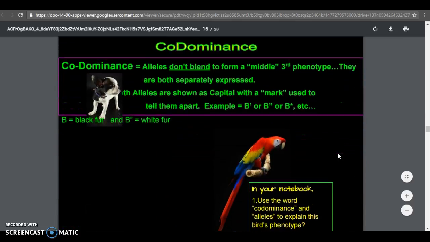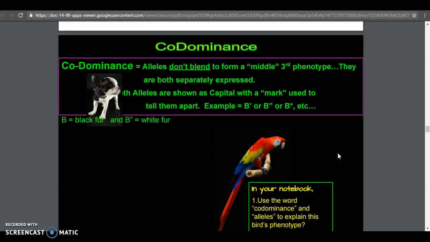So here's another situation. You have what's called codominance. And in codominance, you don't get a blending of the however many dominant alleles involved. They're kind of equally and separately expressed. A possible way for us to think about this is when you have solid sections of a puppy's fur that are all black and solid sections that are perfectly white.